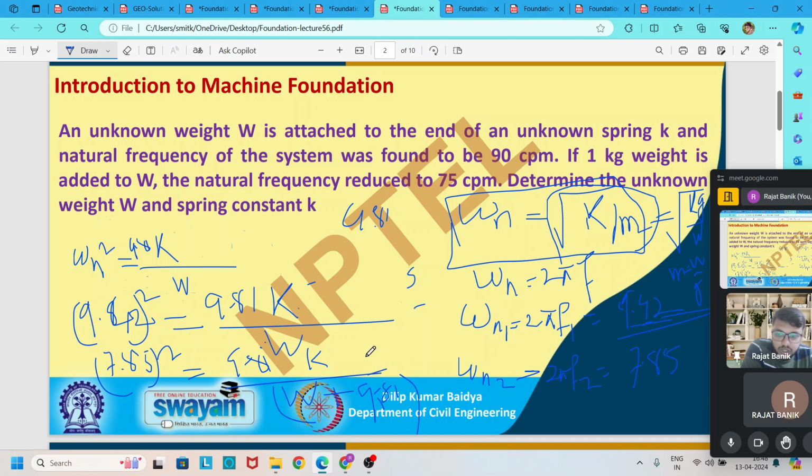Solve the two equations and you get the answer. I will wrap up this part.